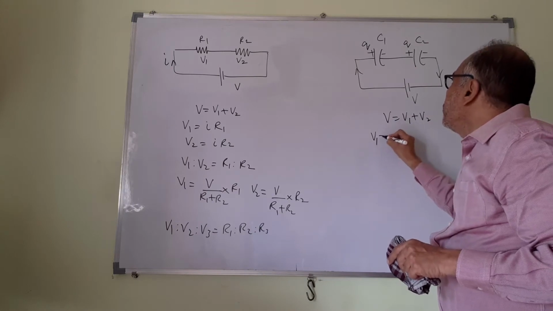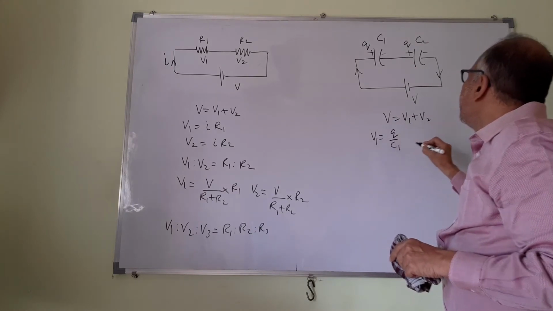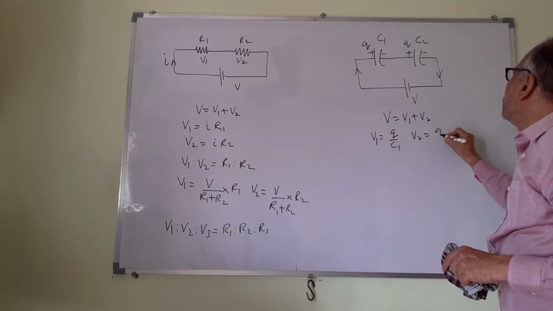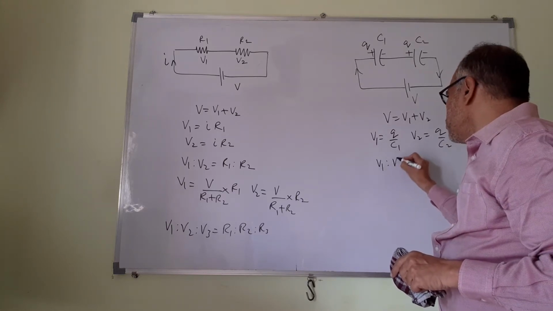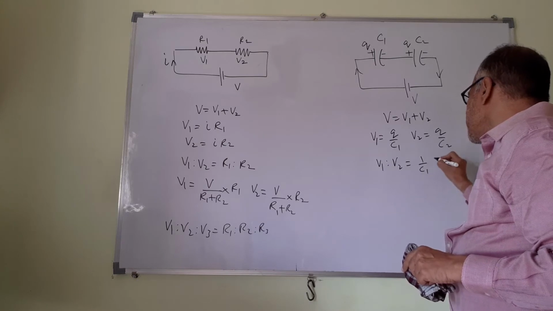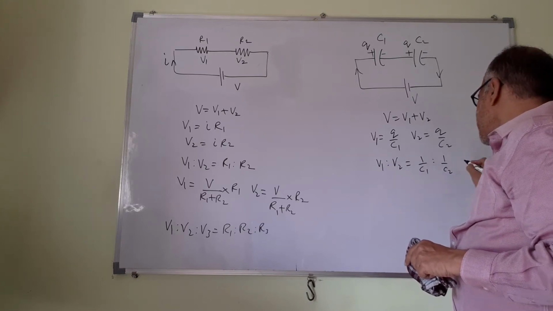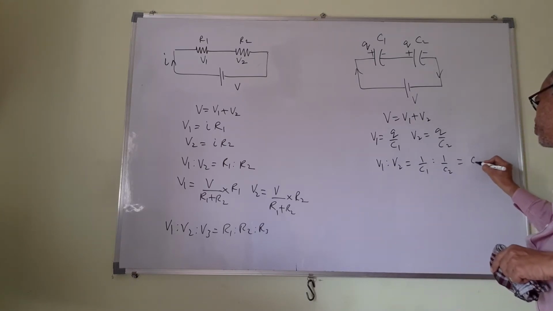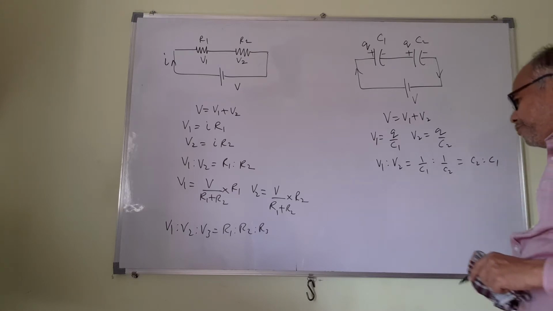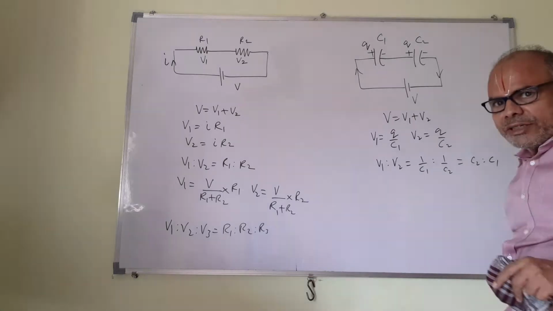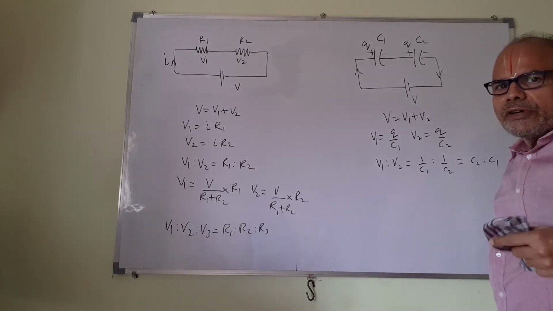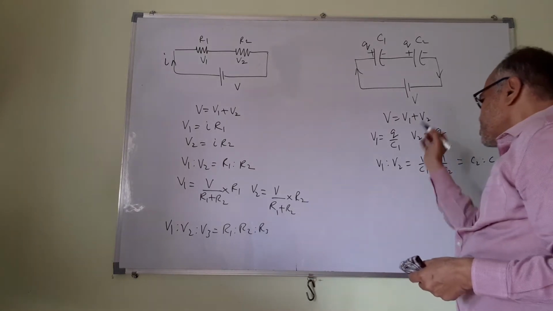Now V1 would be Q by C1 and V2 would be Q by C2. Therefore, V1 is to V2 would be 1 by C1 is to 1 by C2, or that would be C2 is to C1. So, the voltages across capacitors in series are in the inverse ratio of the capacitances.